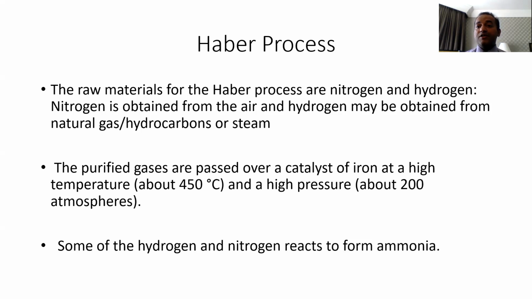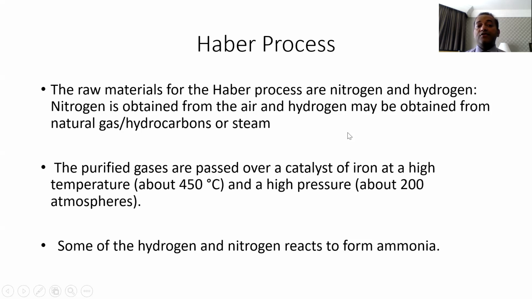The nitrogen is usually obtained from the air. You can watch back lesson 1 for chapter 11, where I explained how nitrogen is obtained by the fractional distillation of air.